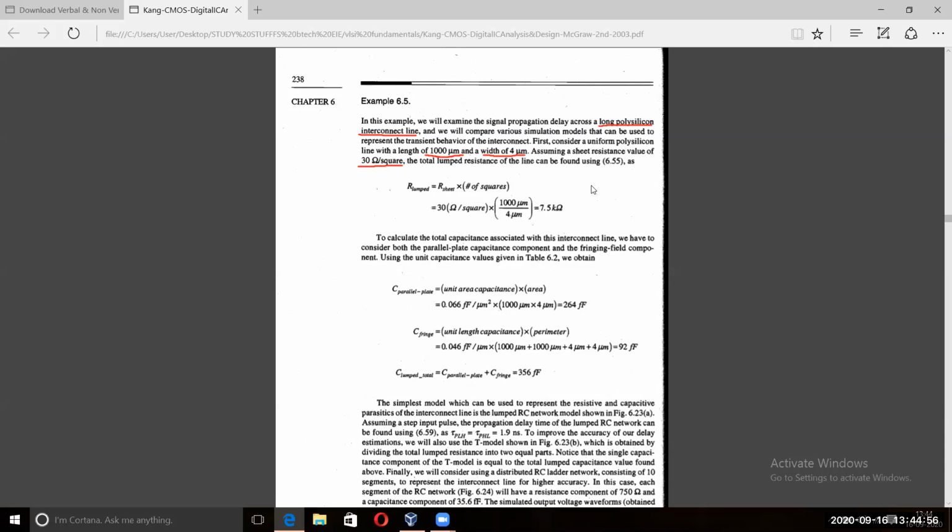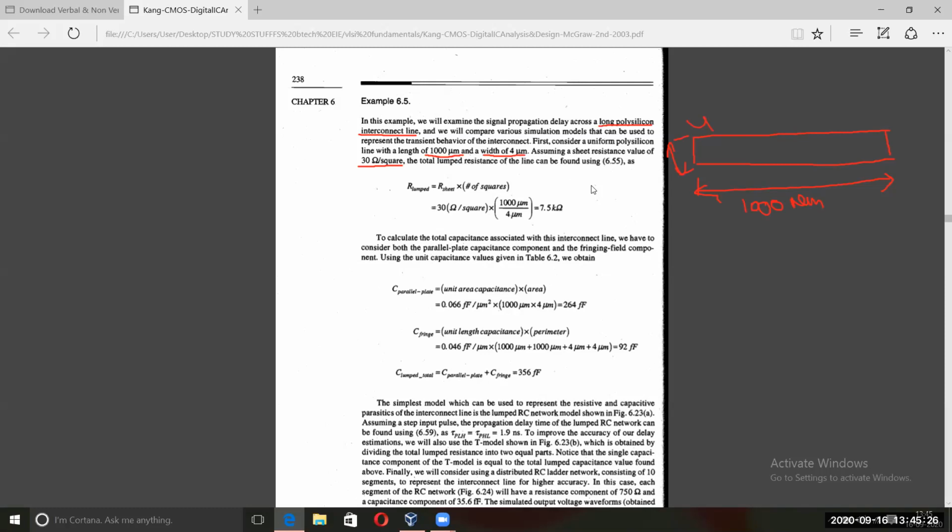Here actually this is the polysilicon. So this is the length. In the example, it is given the length. So the length is 1000 micrometer, and the width is equal to 4 micron.